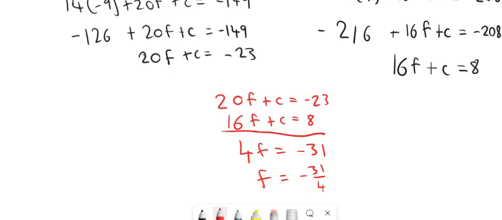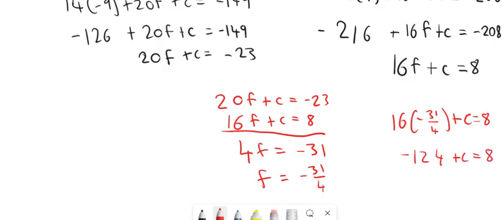So that's what f is, and then if you put that back in, 16 times minus 31 over 4 plus c is equal to 8. That will give you minus 124. Then bring that across, so you get c is equal to something big, so 132.